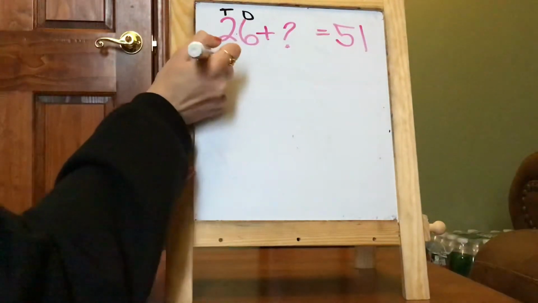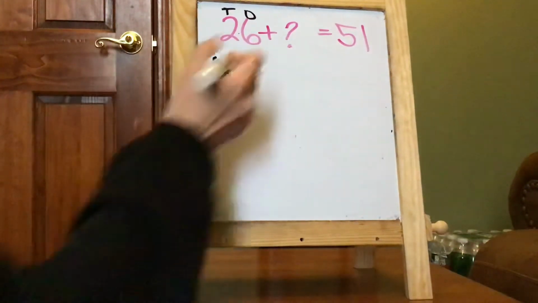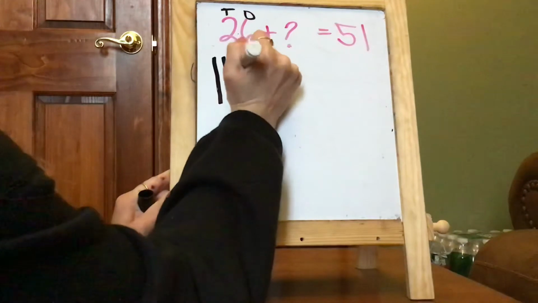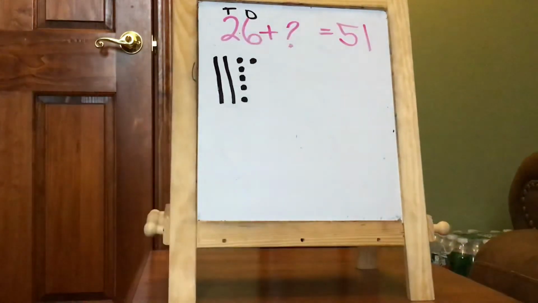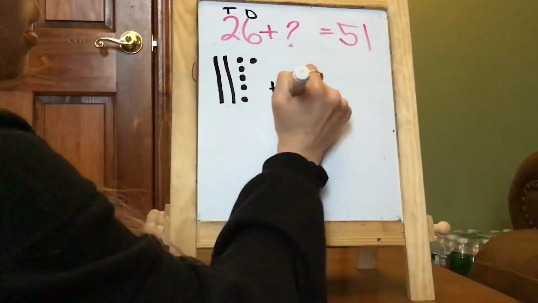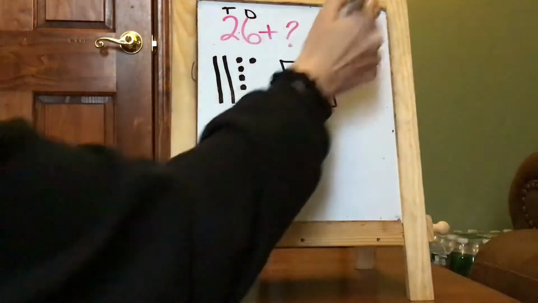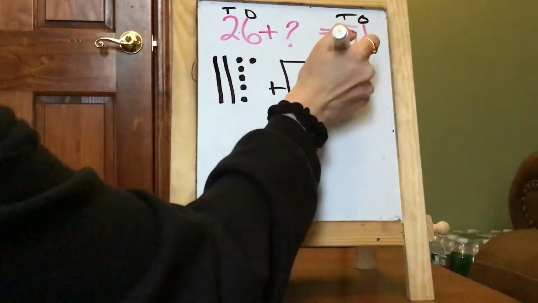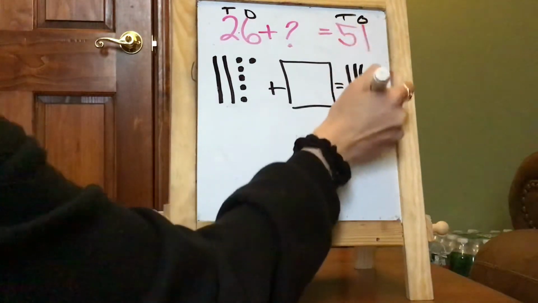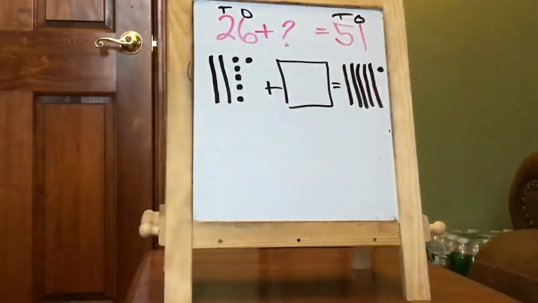I'll start by drawing our base tens now. 2 tens, 6 ones. Plus some number is going to give us, and again, we're just going to use our base tens, 5 tens and 1 one.